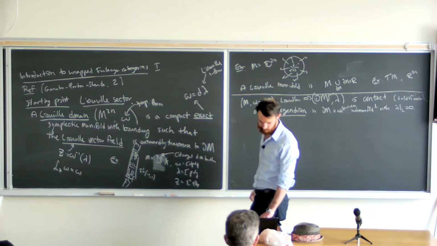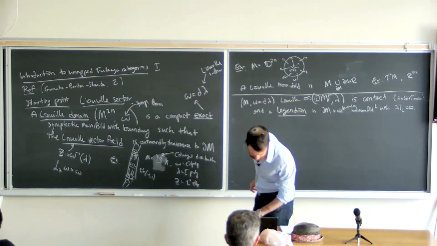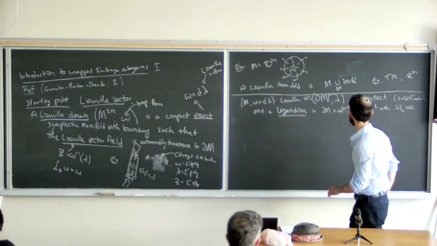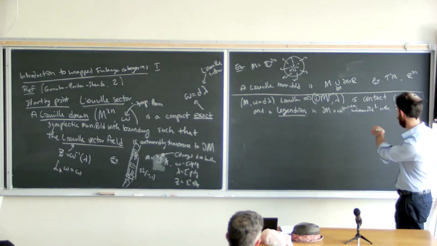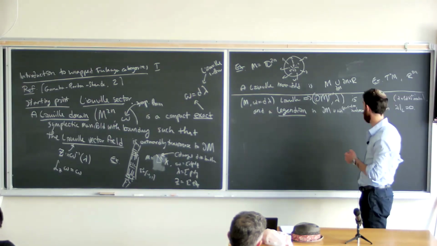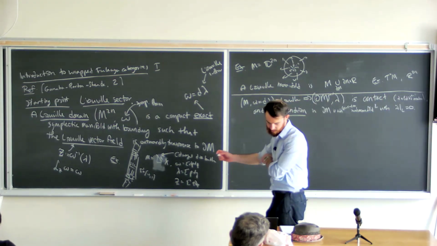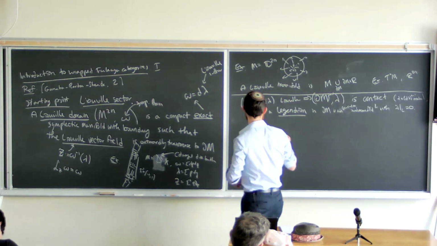Okay. Yeah, so what do I want to say? Did I get my numbers right here? Yeah, I think I did. Since this is 2n minus 1, this should be an n minus 1 dimensional thing. Yes. Okay.